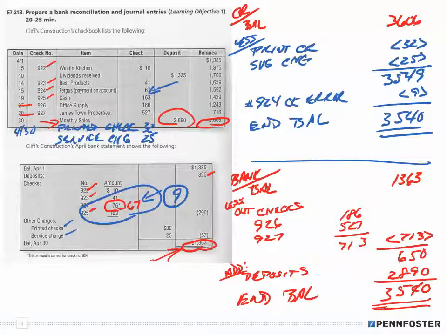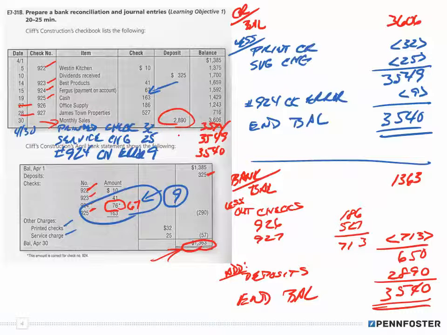Okay, so now I have to make that check error of $9. So now when I'm writing in my check register, I have 3606 minus 32, which gives me 3574, minus 25, which gives me 3549, and then 3540.